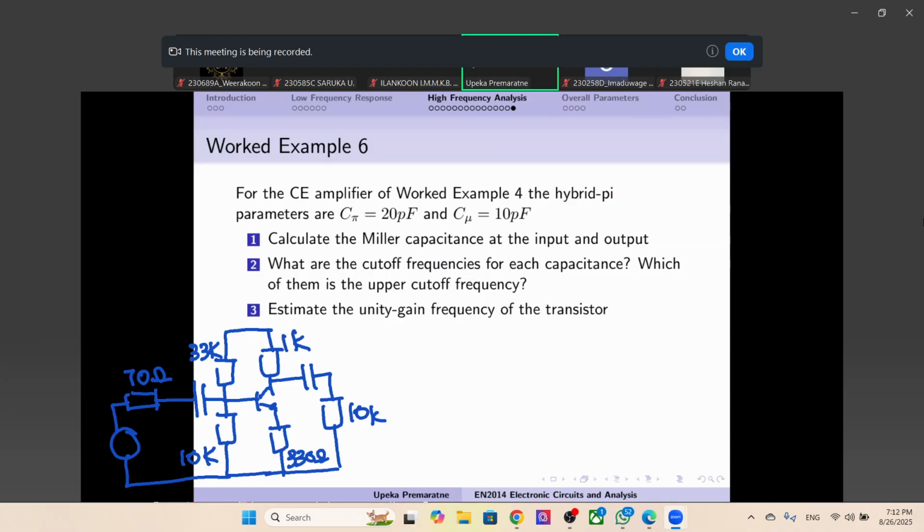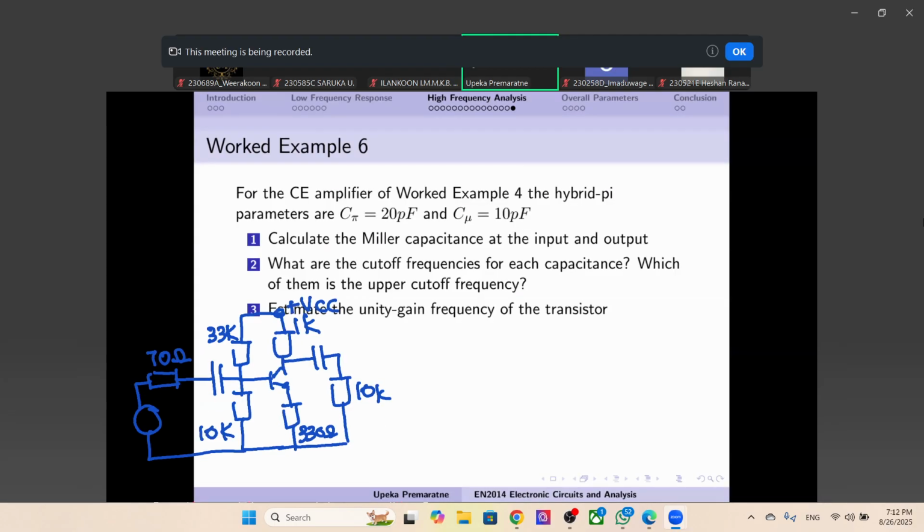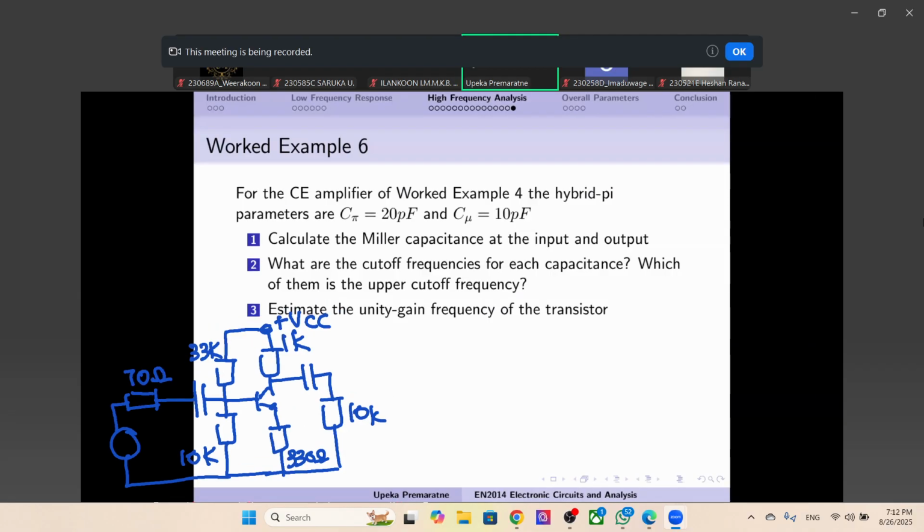Okay, so this is the common emitter circuit. Let me start the recording. This is the common emitter amplifier that we were talking about.